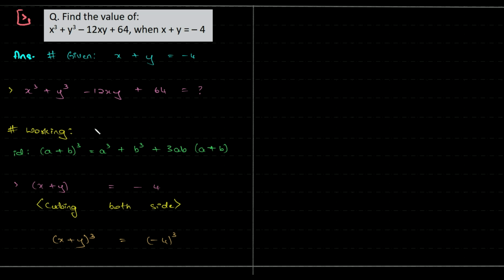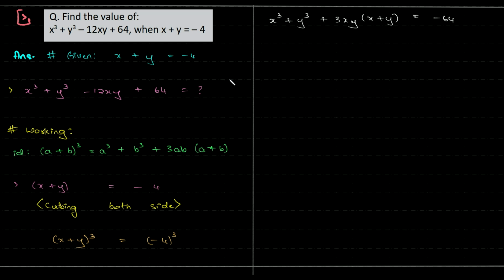Okay, now let's expand this. So this would be x cube plus y cube plus 3xy into x plus y is equal to minus 4 the whole cube, which is minus 64. And now we have this particular expression and we have this. What can we do with this?